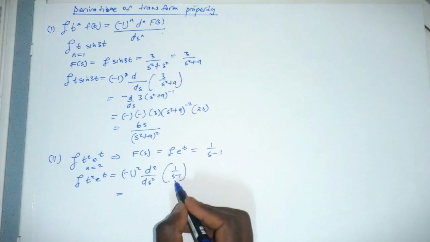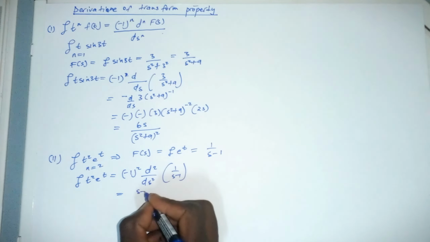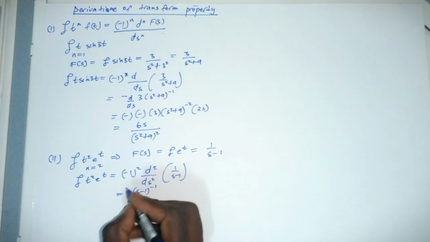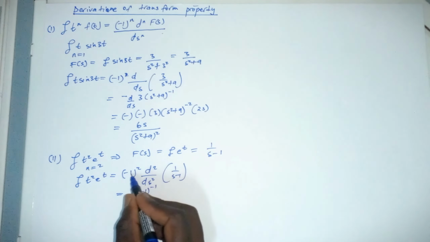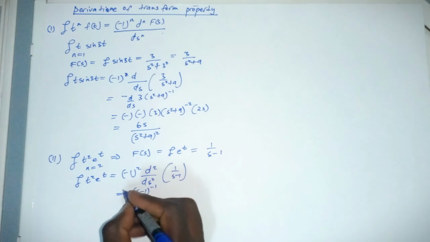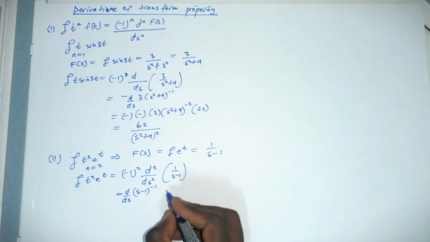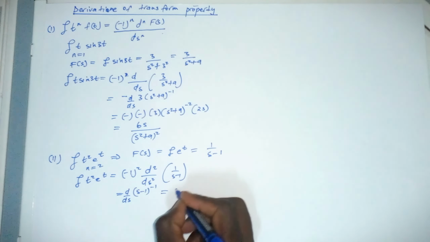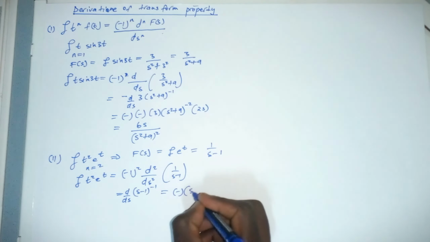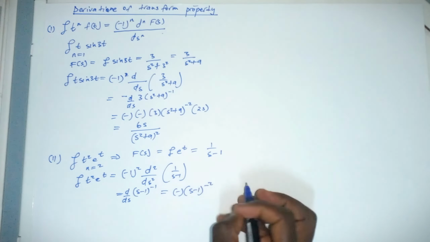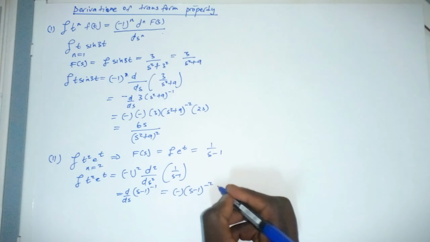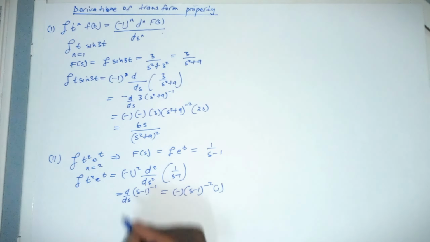So if we differentiate this one, I'm going to write it as (s minus 1) to the power negative 1, and we have negative 1 squared, that is going to give us positive. So I'm going to write here d/ds, and that's going to be the answer. We'll drop the power, negative 1, (s minus 1) to the power negative 2 times the inner derivative, which is 1, and we're going to differentiate that again.